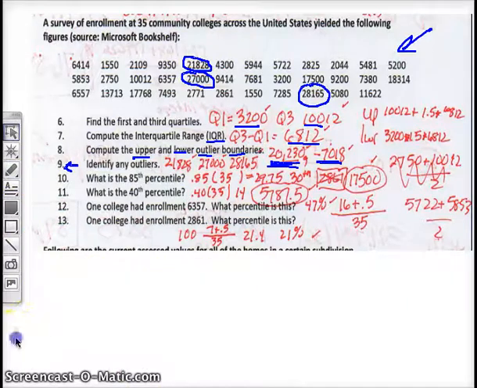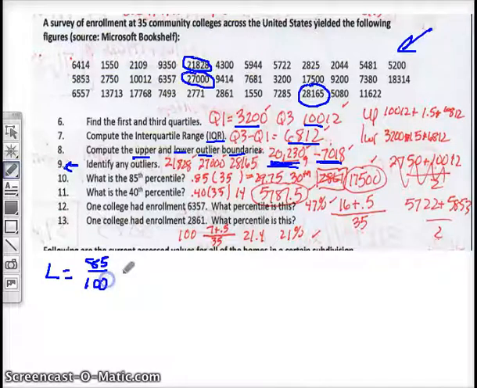Okay, next. What is the 85th percentile? So let's do this problem here. You're going to use this formula. The location is equal to the percent you're looking for, which is 85 over 100, times the number of numbers.